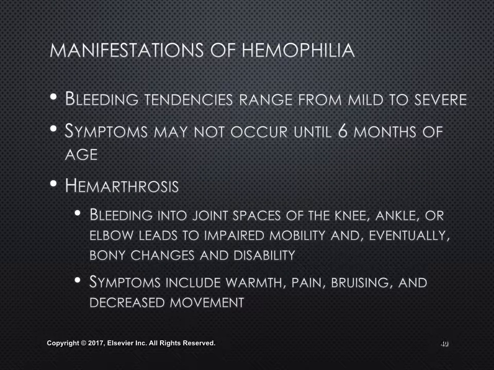The manifestation of hemophilia is that we have bleeding tendencies that range from mild to severe, and the symptoms may not occur until the child is 6 months of age.